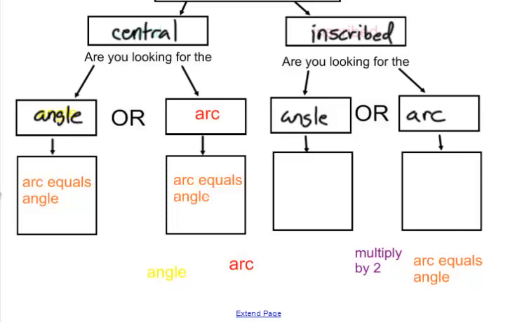If you're looking for the angle, you're going to divide by 2, or multiply by 1/2. If you're looking for the arc, you're going to multiply by 2. So that gives us a little overview of inscribed angles.